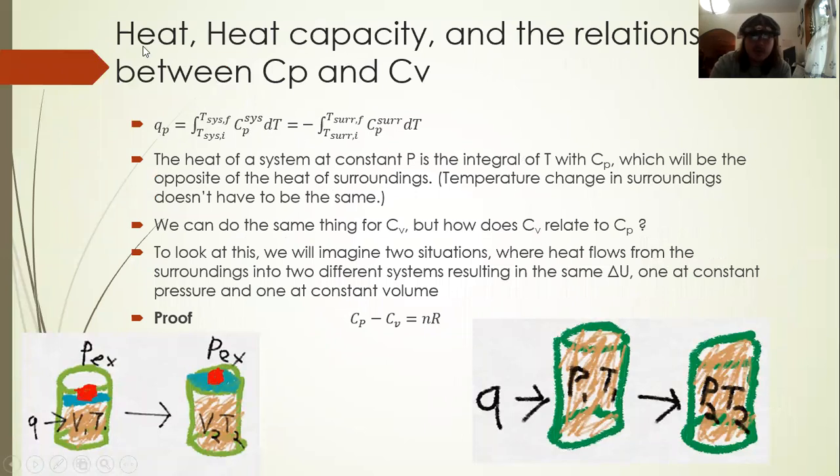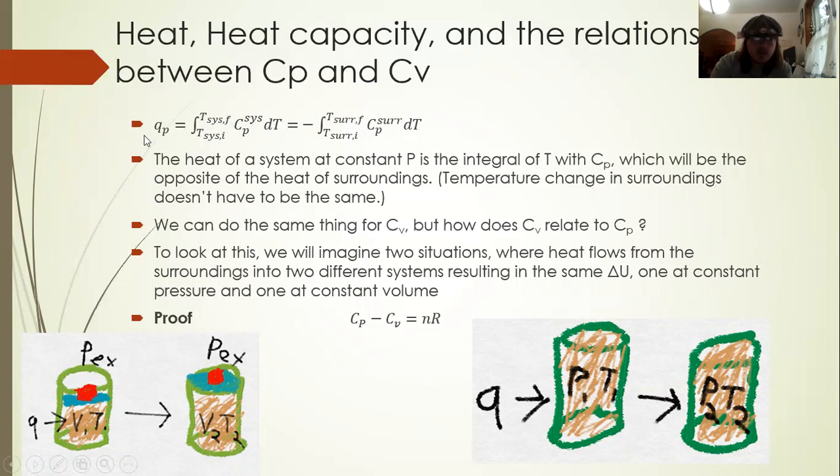So we'll look at heat capacity, heat in relationship to CP and CV. We have to prove what heat at a constant pressure is defined as: heat capacity at a constant pressure times the integral of the change in temperature for that system.